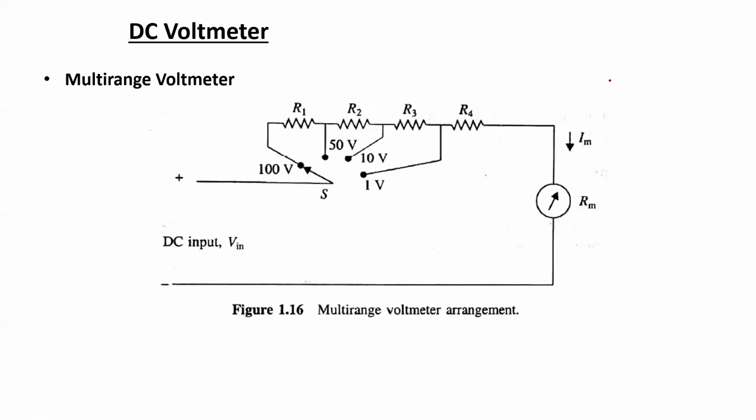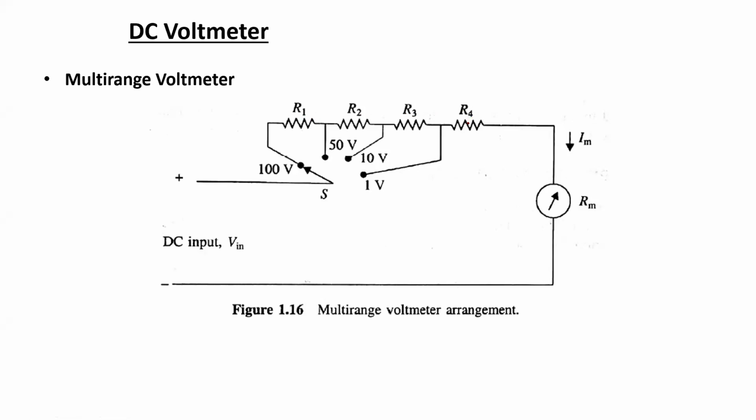For voltmeters as well, multi-range arrangement can be done. And for voltmeters, the multi-range arrangement is done by connecting multiple resistances in series. As these resistances normally increase the range of measurement, these resistances are also referred to as multiplier resistors.